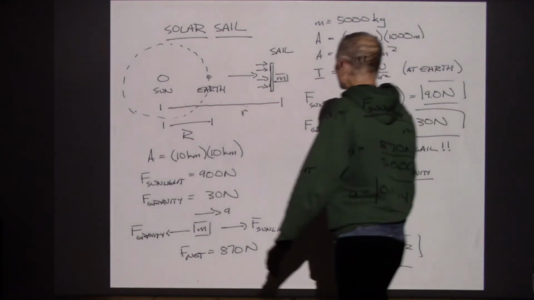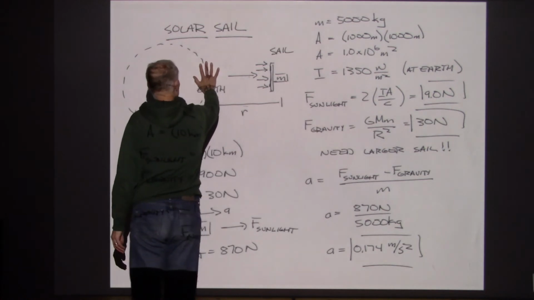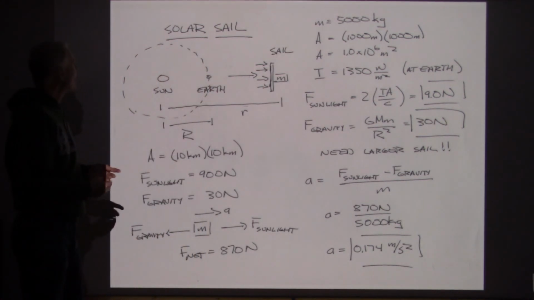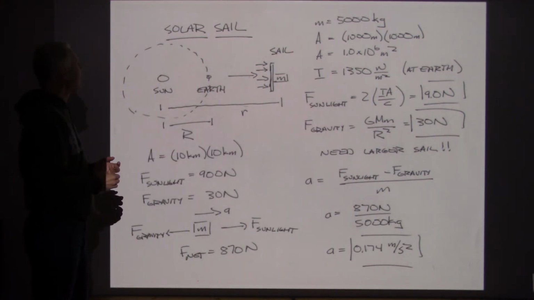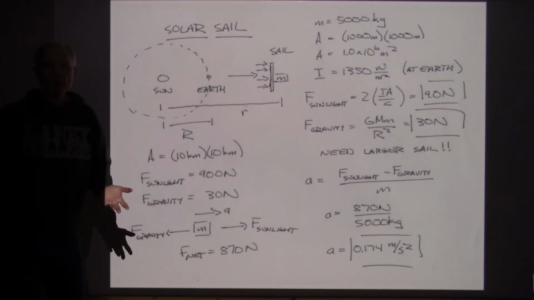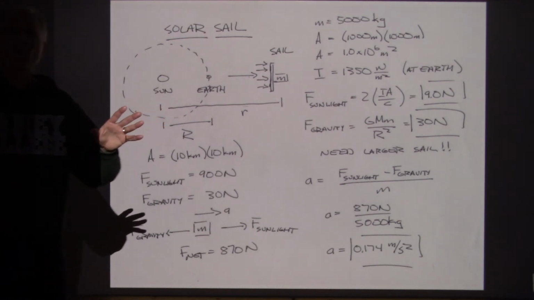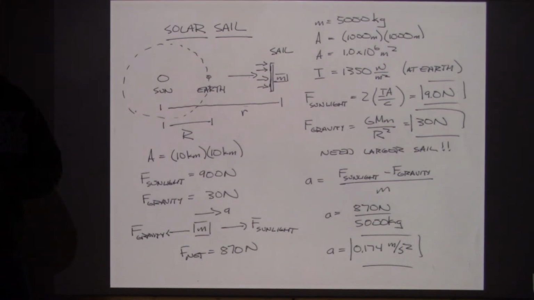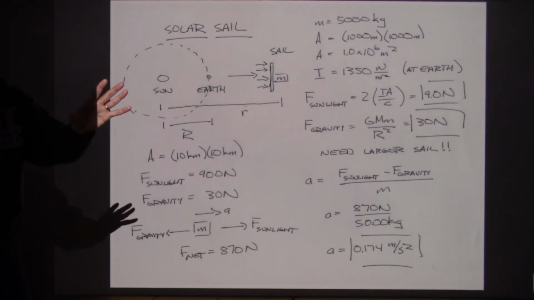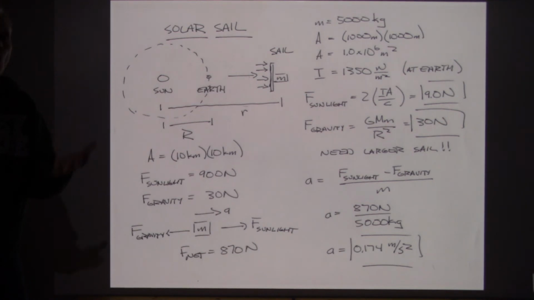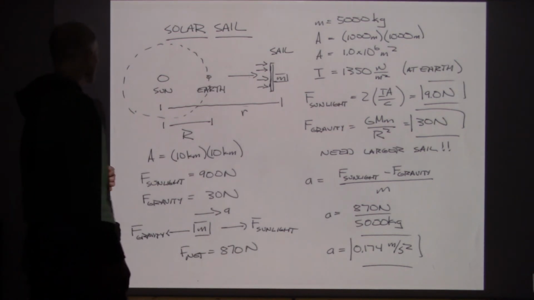So what I did was I ignored Earth. I figured once the solar sail satellite heads out, it's not going to be that close to Earth. Once it gets a little ways from Earth, the dominant gravitational object is going to be the sun. So it's really going to be the sun's gravity that determines how far out into the solar system or how long it's going to take to get out into the solar system.